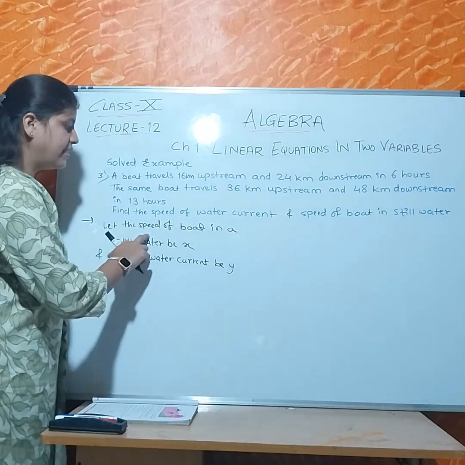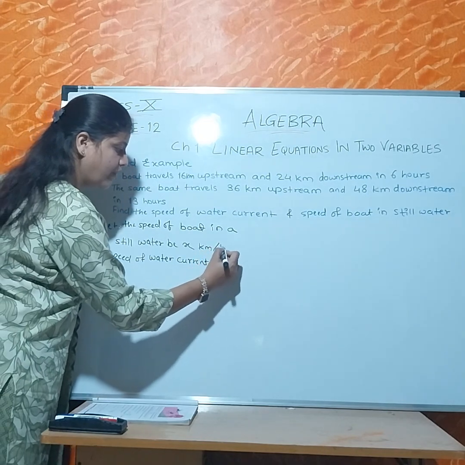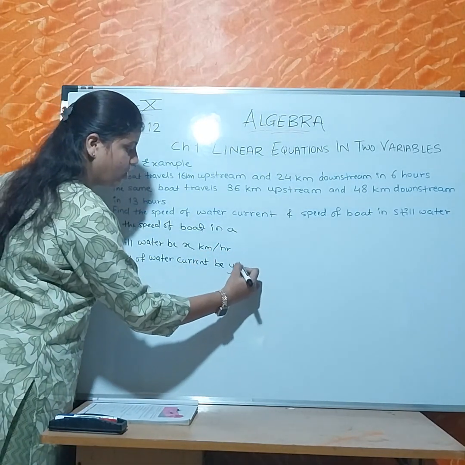Okay. Now see, let the speed of boat in still water be x kilometer per hour, and speed of water current be y kilometer per hour.